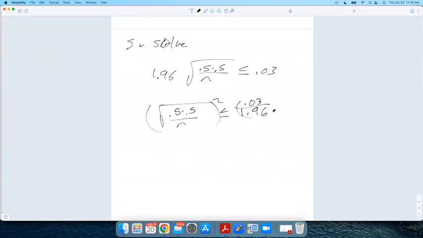Everybody's positive, so I don't have to worry about flipping over this radical or anything. So the square root and the square will cancel each other out. Now I'm trying to get this n by itself, so I would multiply the n up over here.